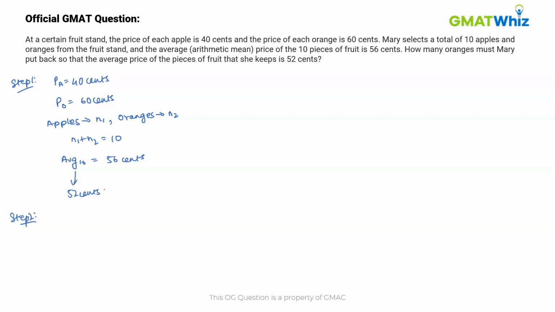Now, the question gives us information about the price and the average price of the fruits. So, it is best to use the method of alligation to solve this question. The price of apples is 40 cents and the price of oranges is 60 cents. And when Mary bought 10 fruits, the average was 56 cents.